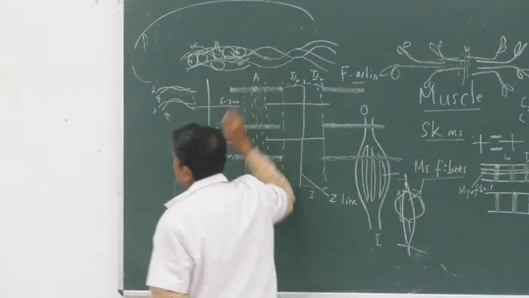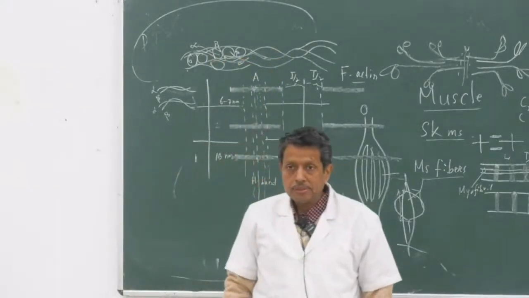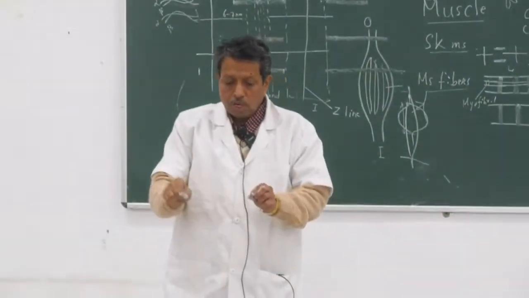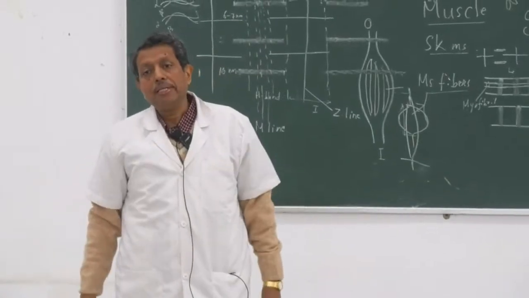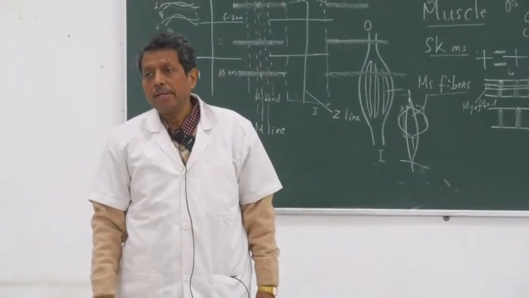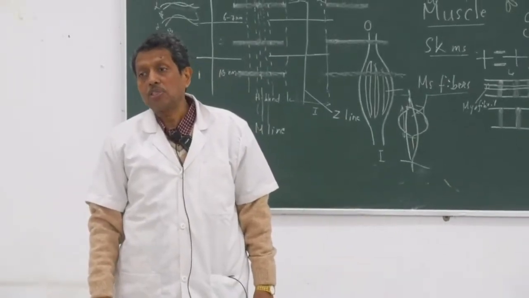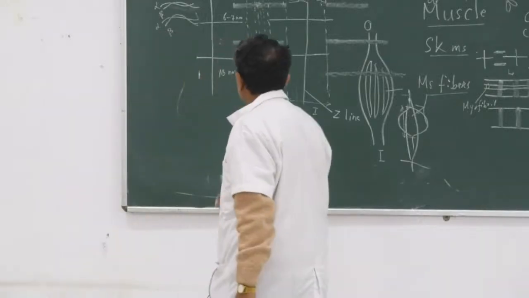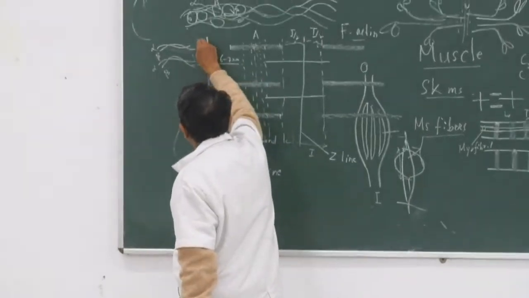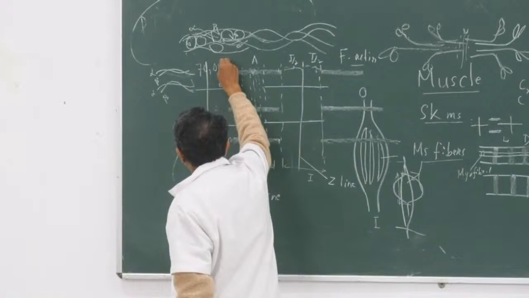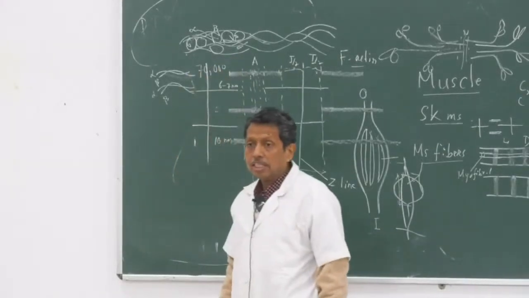In this way they are disposed. 70,000 molecular weight tropomyosin. They are disposed in this way.